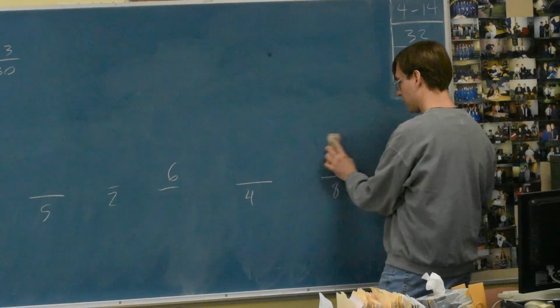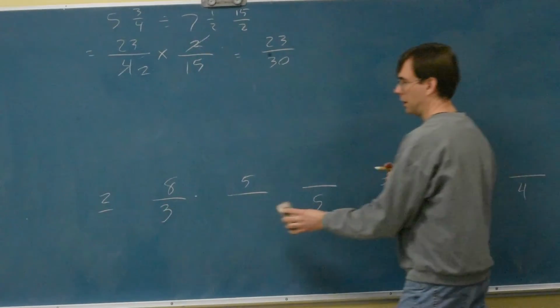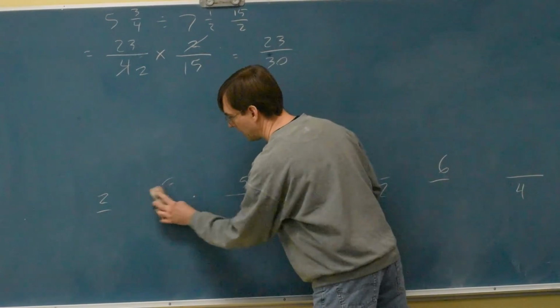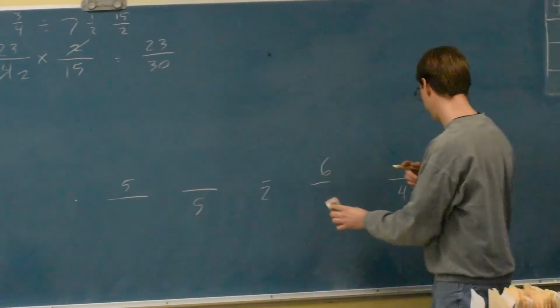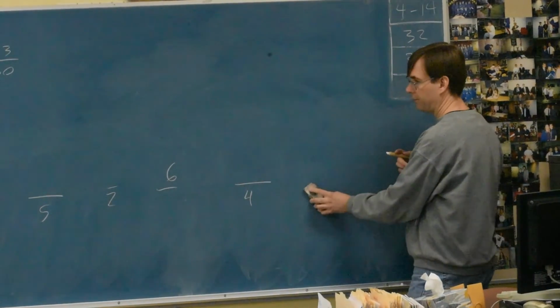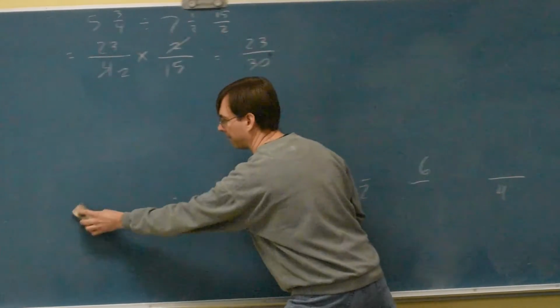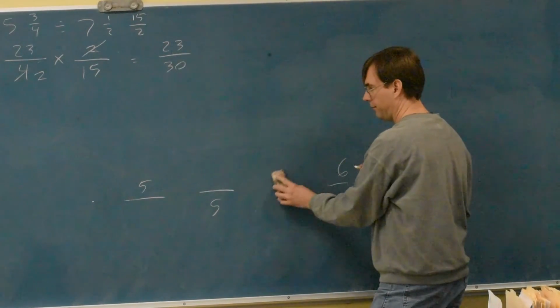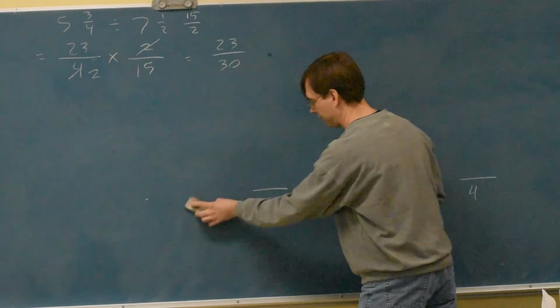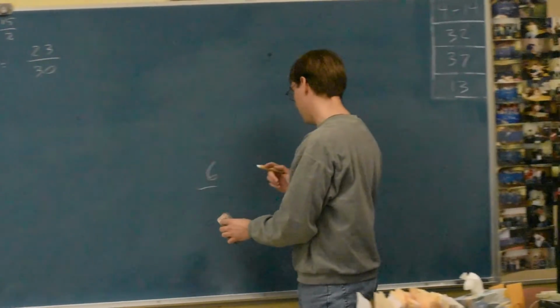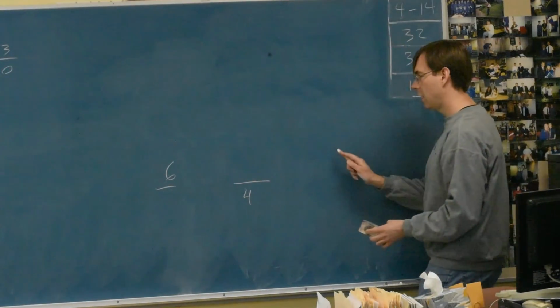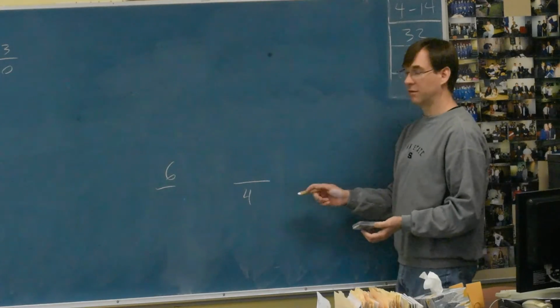I have a 3 top and a 3 bottom. An 8 top and an 8 bottom. A 2 top and a 2 bottom. A 5 top and a 5 bottom. And after all of that, I'm left with a 6 and a 4.